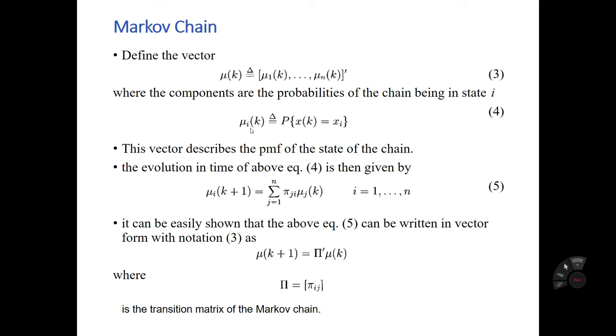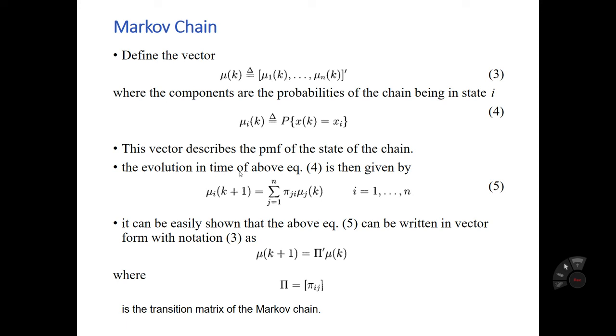So ui of k is equal to the probability of x of k equals xi. So each u has a probability of x of k equals xi. So this vector describes the PMF, the probability mass function, with the state of the chain.